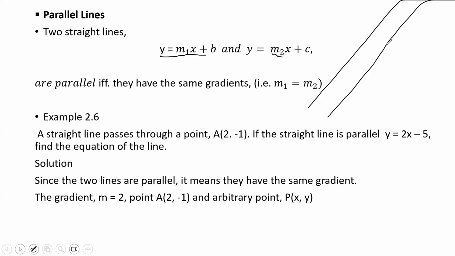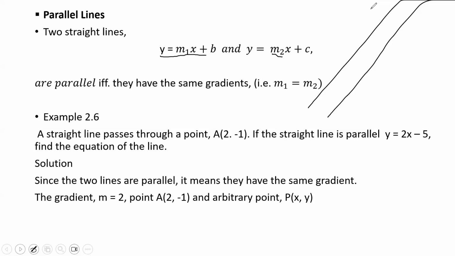Yes, sir. So put it in your mind: parallel lines have the same gradient. So if I know one of the equations, then I can find the other one because I will take its gradient and use it for this one.